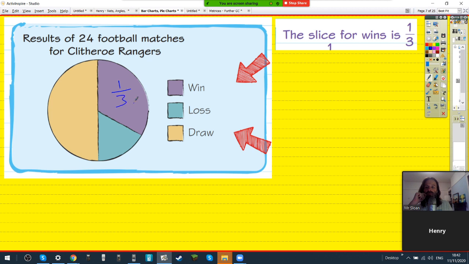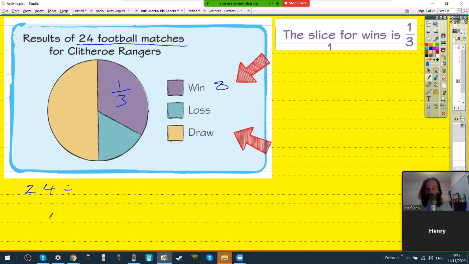So 1/2 draw. So how many times did they draw? 1/3. So 24 divided. What's 24 divided by 3? 8, 16, 24. So 8. So the win is 8.